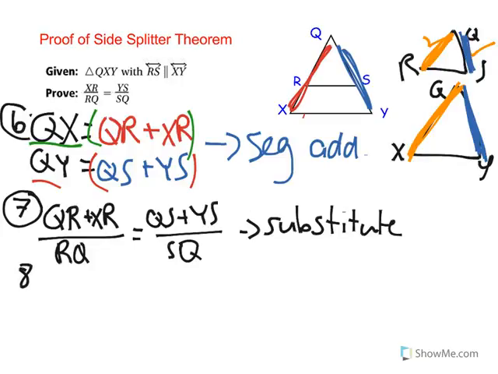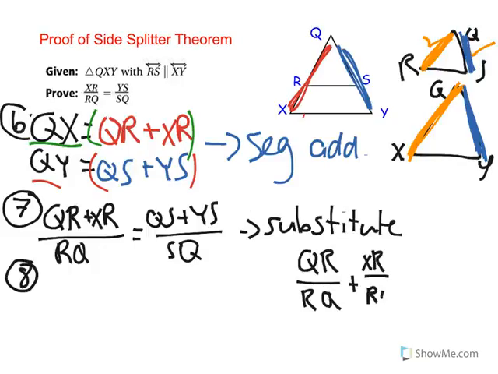So, what actually is going to happen here? If I separate the fractions, this is separate from step 8, just to show you the algebra behind it. Our fractions will look like QR over RQ plus XR over RQ has to equal QS over SQ plus YS over SQ.